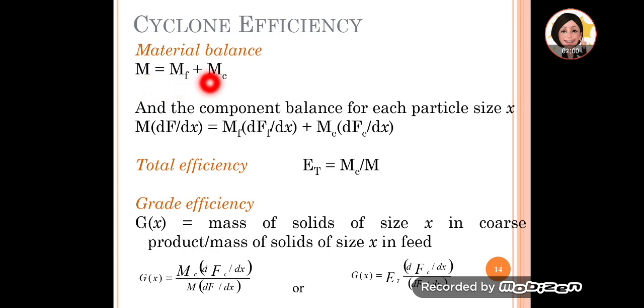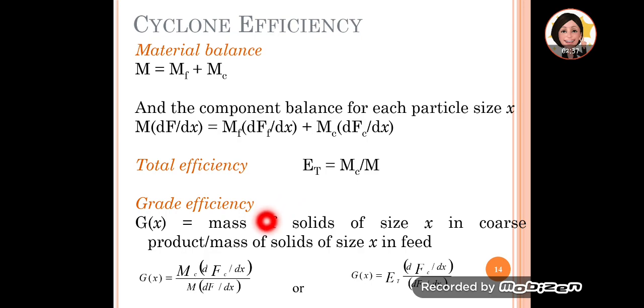So the efficiency of a cyclone is defined by the solid product that is separated from the gas flow. This equation gives you the component balance for each particle size in the solid product. The total efficiency of the cyclone is based on the mass of the coarse product that is separated from the cyclone, so it is a ratio from the total solid mass in the separator.